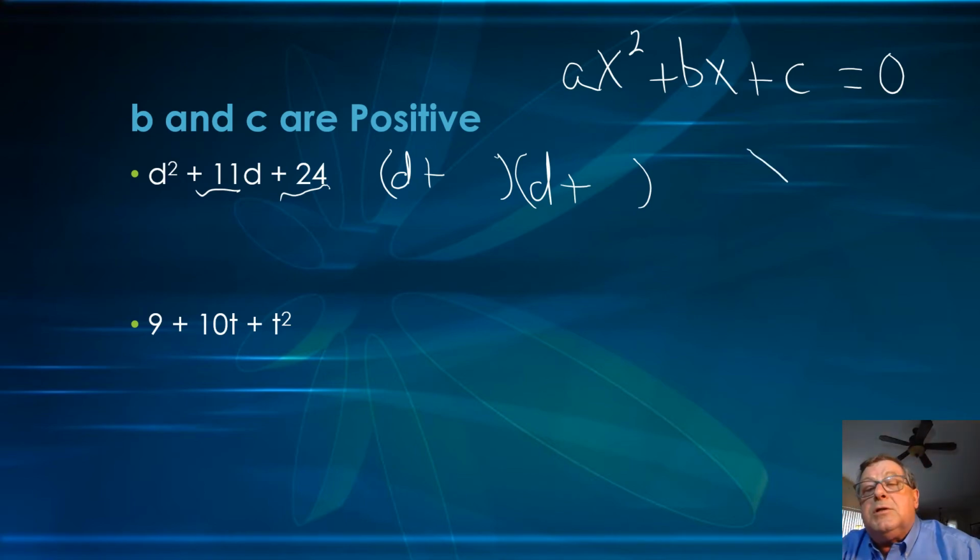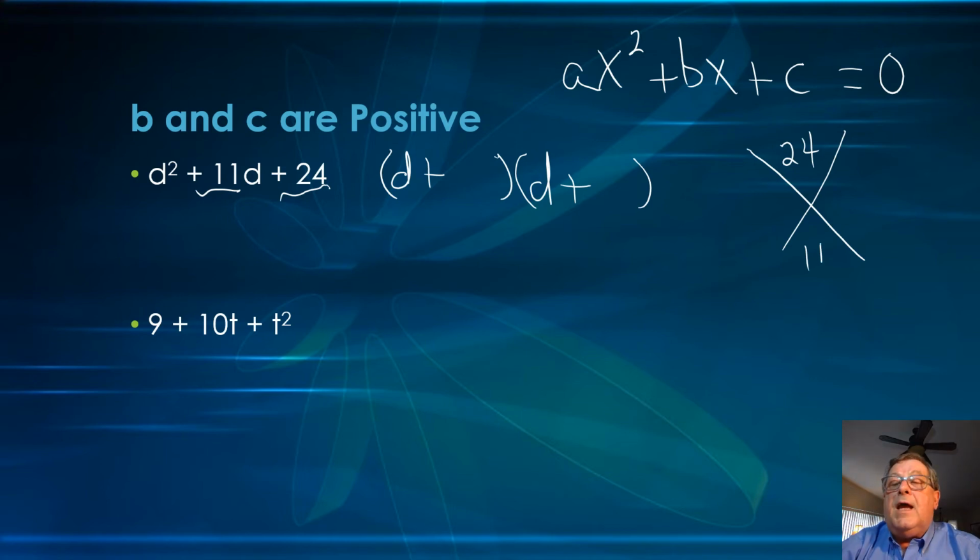Now, some people like to use this little X method, and they're looking for two terms that will multiply to 24, putting 24 up here in the top of the X, and 11 down here in the bottom of the X. And now we're thinking, okay, two numbers that will multiply to 24 and add to 11.